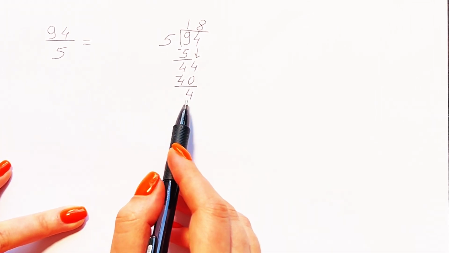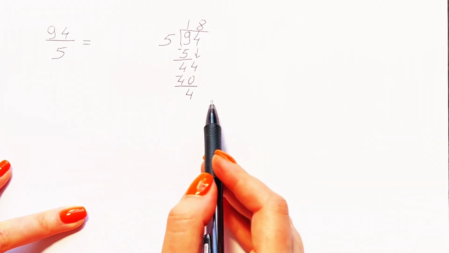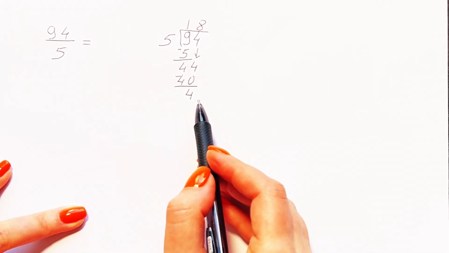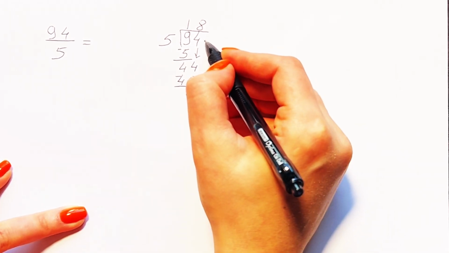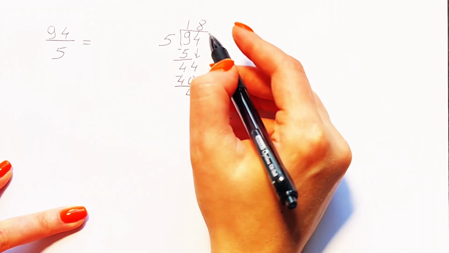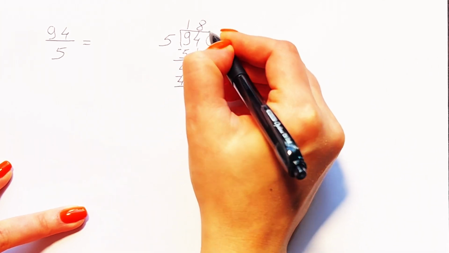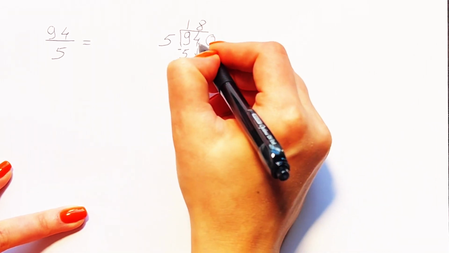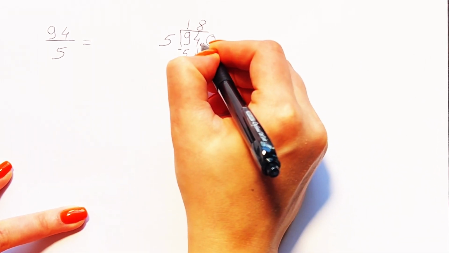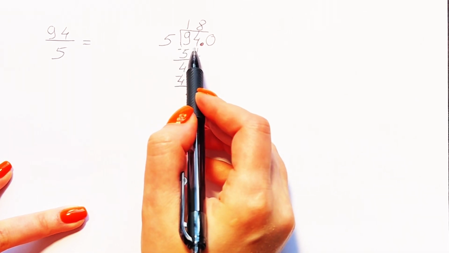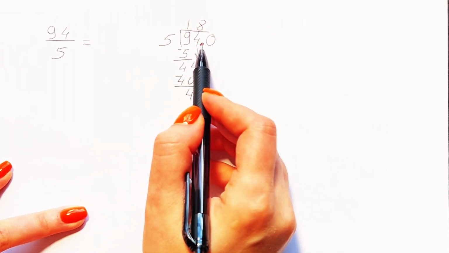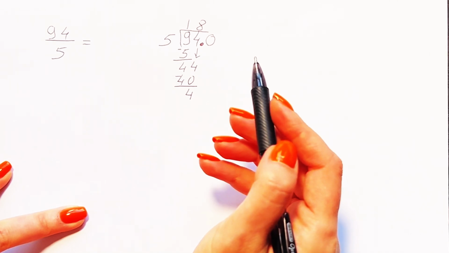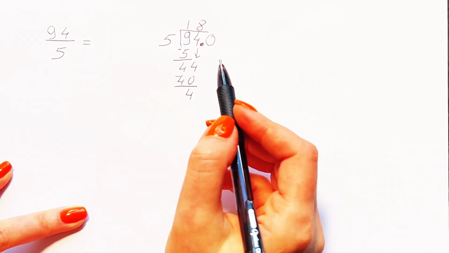But I need a decimal. What I'm going to do, I need to bring down another number, but I do not have another number here. Let's put 0. But 94 and 940 is not the same number. So I'm going to put the decimal point, because 94 is the same as 94 and 0 tenths. Okay, I'm not changing the value of 94.